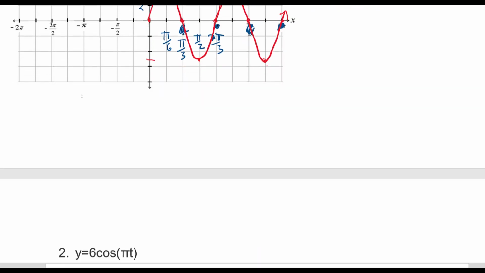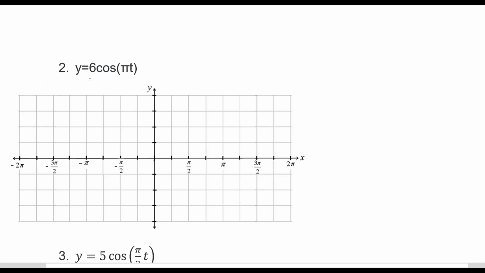Okay, let's try the next one. Y equals 6 cosine of pi t. For the first part, the maximum displacement would be the absolute value of 6, which is 6.